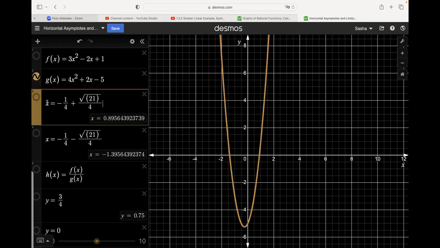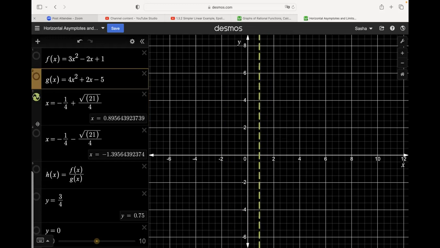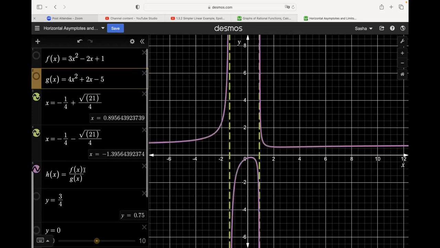And if we do the calculation by hand, and then we type those expressions in for x, we get the same values for x. X equals 0.896 approximately, and x equals negative 3.956. So those two roots correspond to those vertical asymptotes on the rational function here.